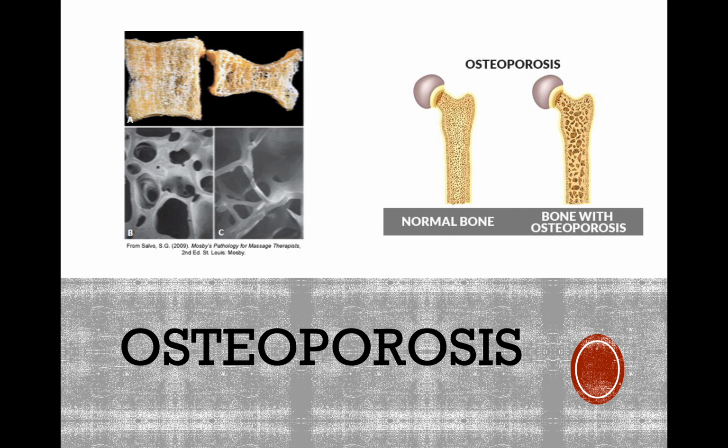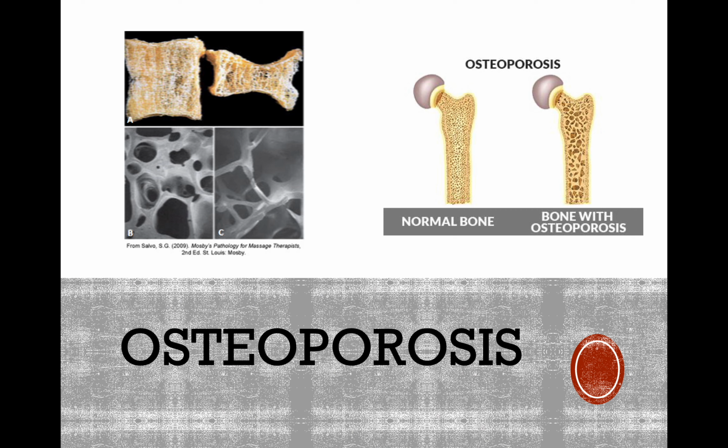We're going to start with a discussion about osteoporosis. This is something that can occur in some individuals that leads to a decrease in the bone mineral density of patients' bones.